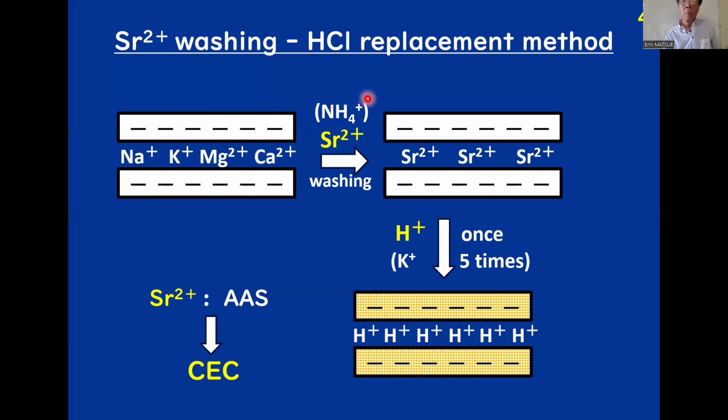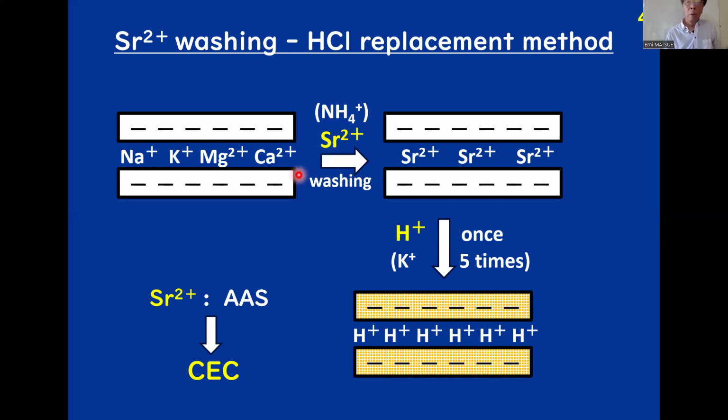Usually, ammonium ion is used to replace cations and saturate the negative charge. But I use strontium cation, because strontium ion has a stronger ability to be absorbed by negative charge.